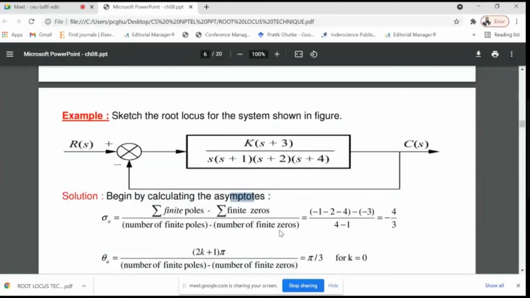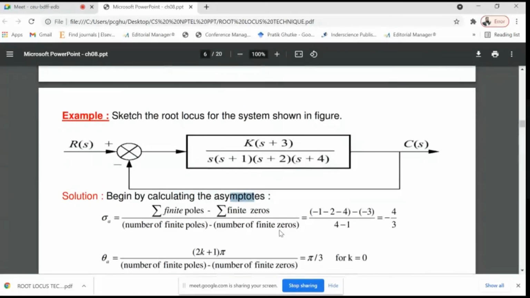Just now I have told how to calculate the formula for asymptote, right? So asymptote is summation of finite poles minus summation of finite zeros divided by number of poles minus number of zeros. So calculate the summation of poles.